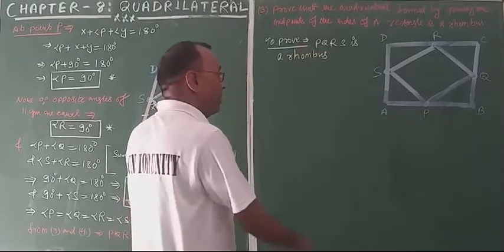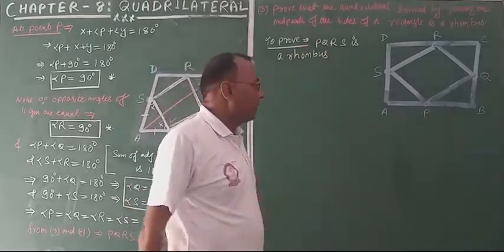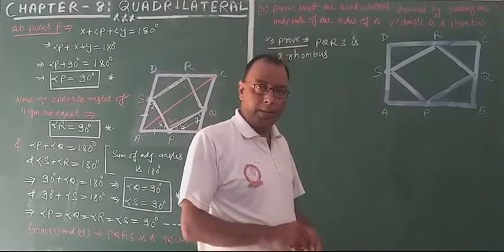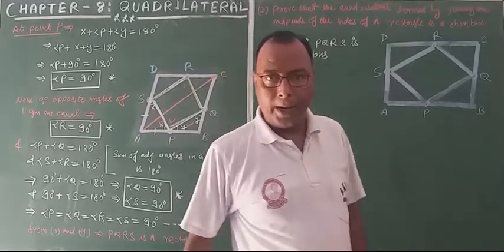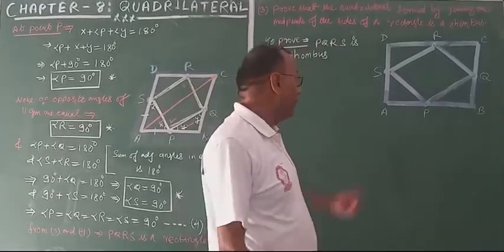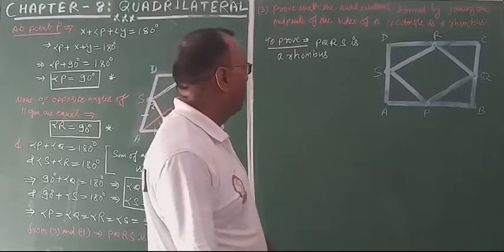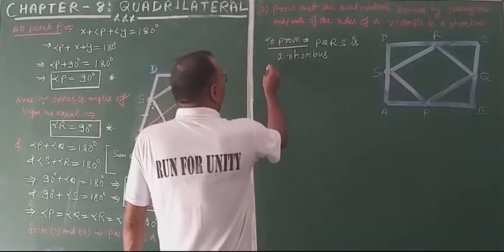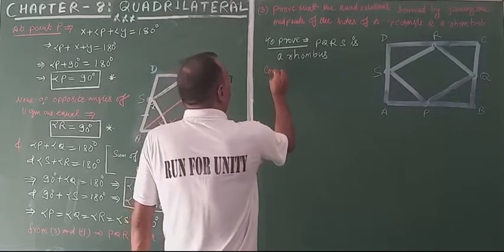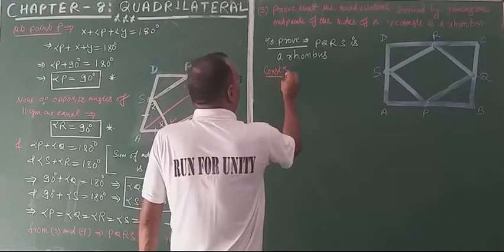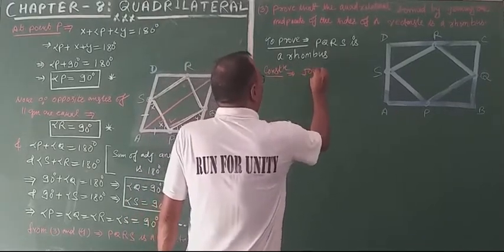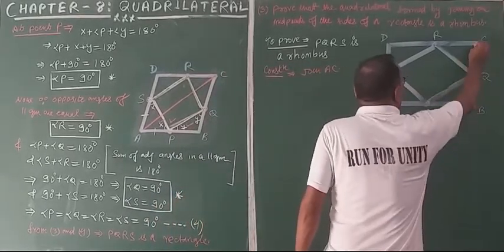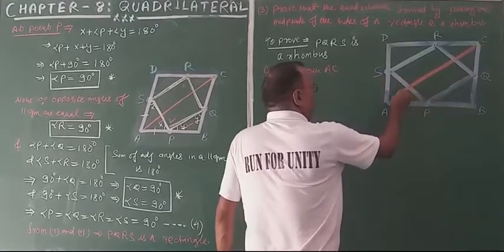You are given that ABCD is a rectangle. P, Q, R and S are the midpoints of the sides AB, BC, CD and DA. And you have to prove that this PQRS is a rhombus. Now just look here. Construction: join AC. This we have joined.